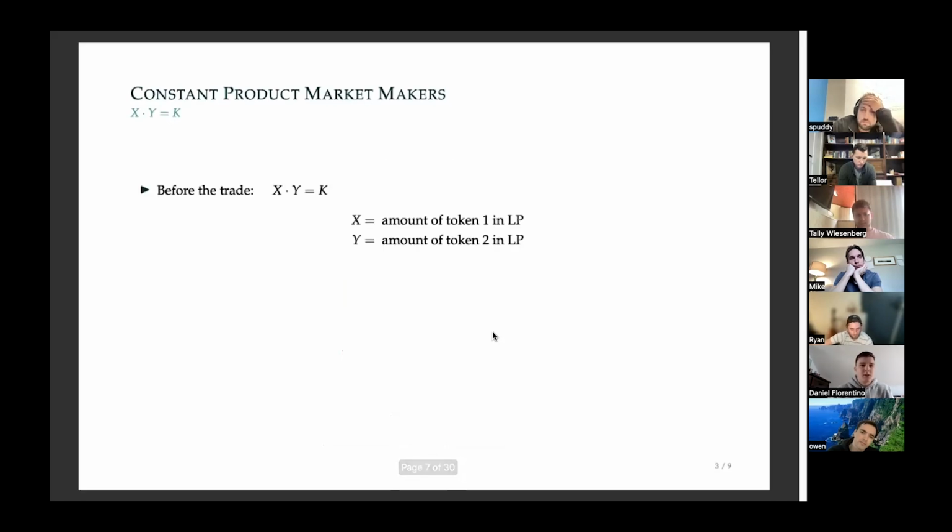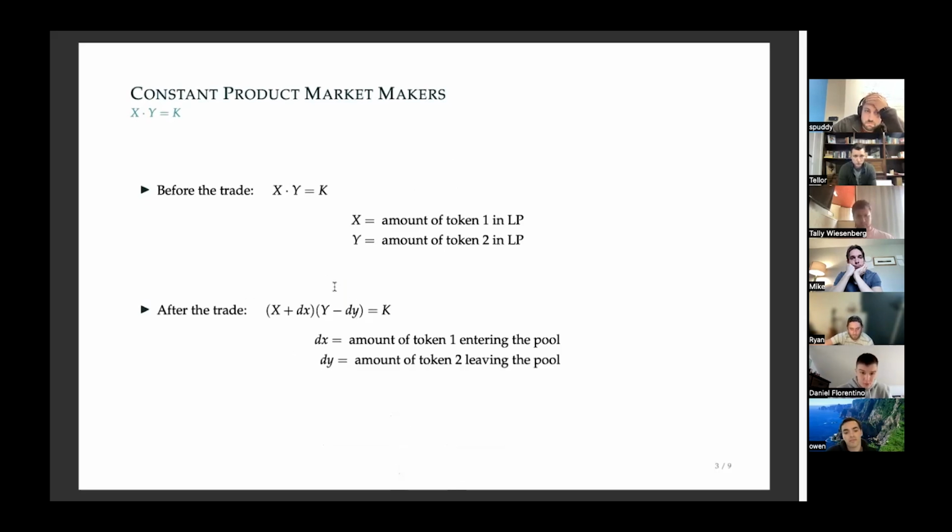So let's use our imaginary liquidity pool with token 1 and token 2. Right before a trade happens, we have X amount of token 1 and Y amount of token 2. But let's say you want to acquire some token 2.